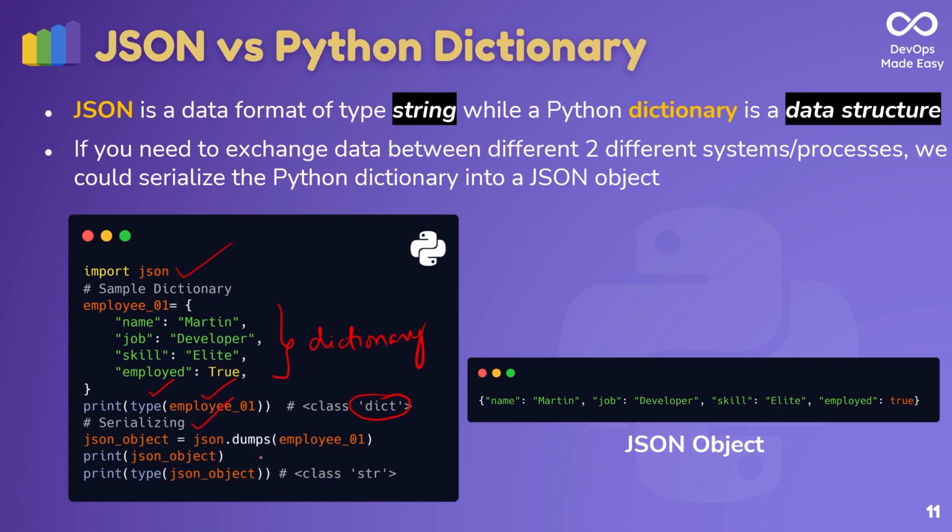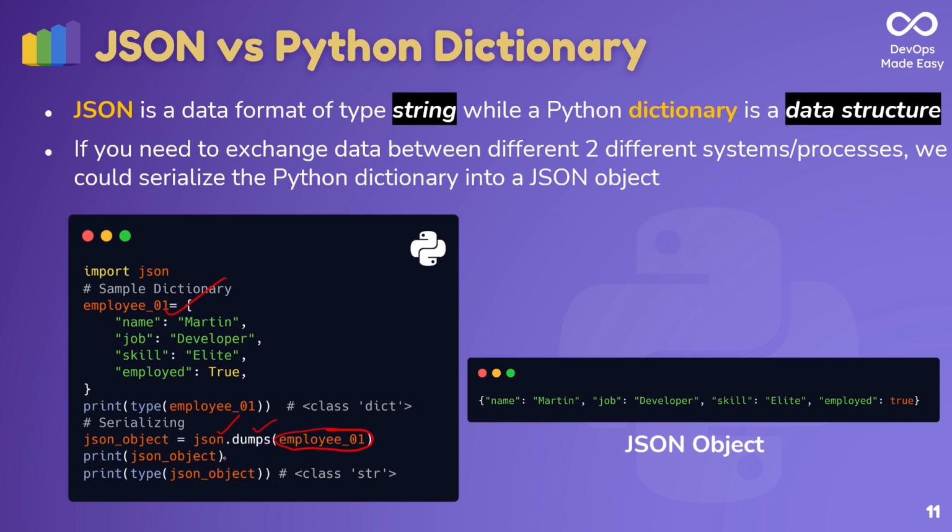Inside the JSON library, dumps is the function that takes in a dictionary and serializes it into a JSON object. So I'm using the dumps function and passing employee1, the complete dictionary, as an input.